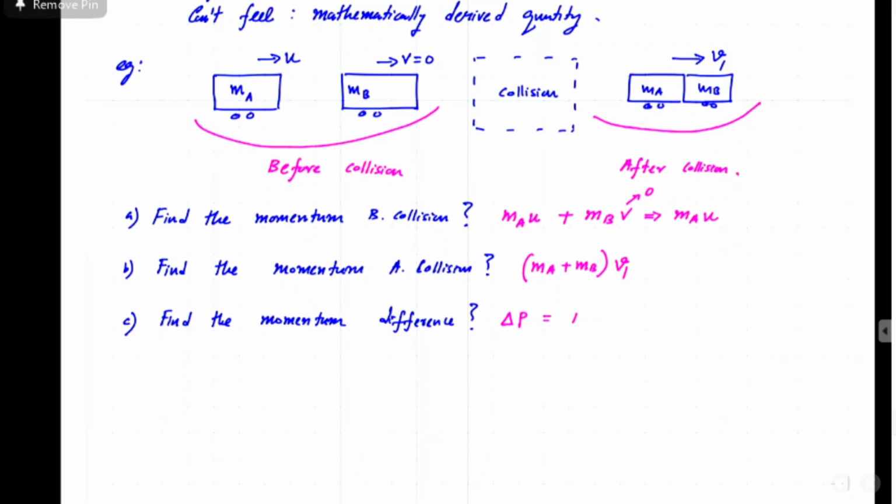Momentum before minus momentum after. So momentum before is MA u, minus momentum after, which would be (MA plus MB) V1, and that is the momentum change. Okay, no issue.